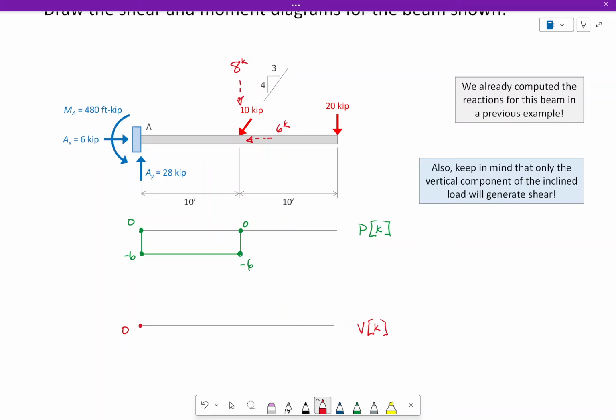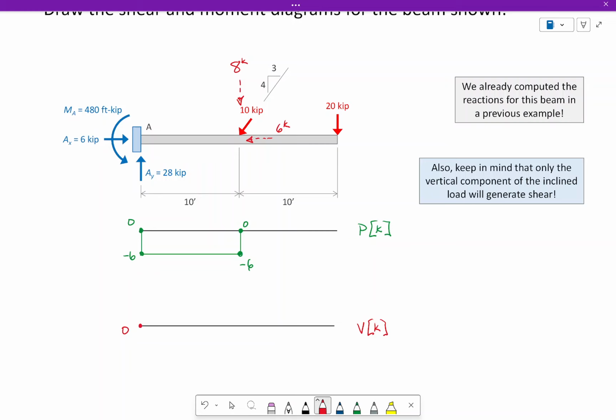So, tell me what to do. I start at 0, what do I do? For shears. Go up 28. What's it going to be like from A to the middle? Flat. And then I get here, I'm at 28. How far do I go down? If I'm at 28, how far do I go down? 8. And that'll put me at 20, flat. The 20 brings me back down. That's it.